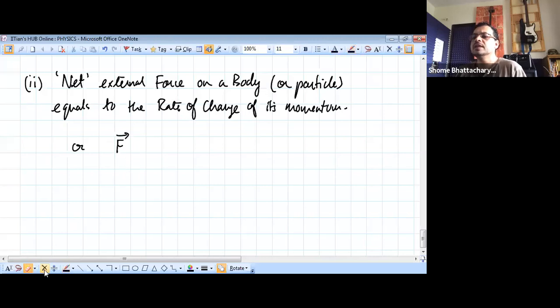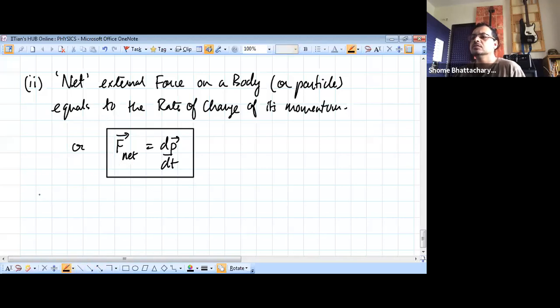The net external force equals what all of you understand from calculus as the instantaneous rate of change, that means it is dp by dt. So this is the proper mathematical form of Newton's second law, where F net is equal to the net external force.